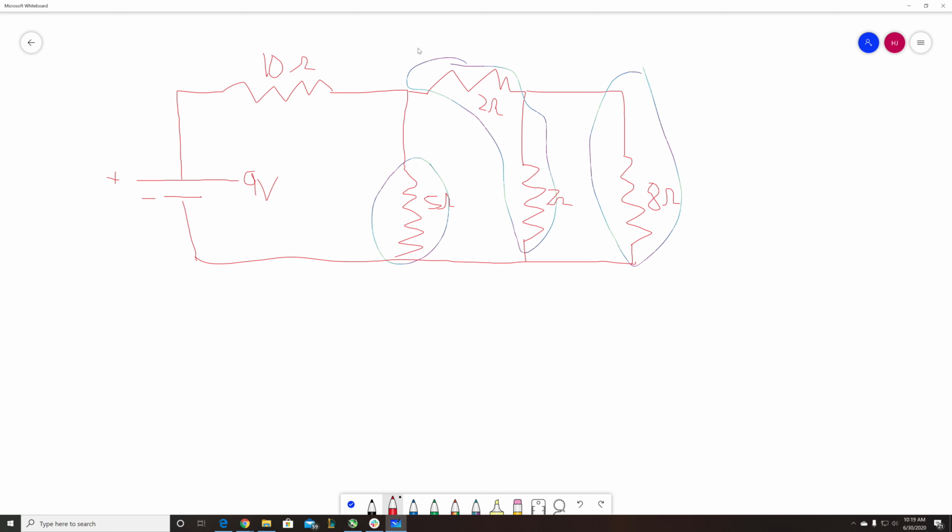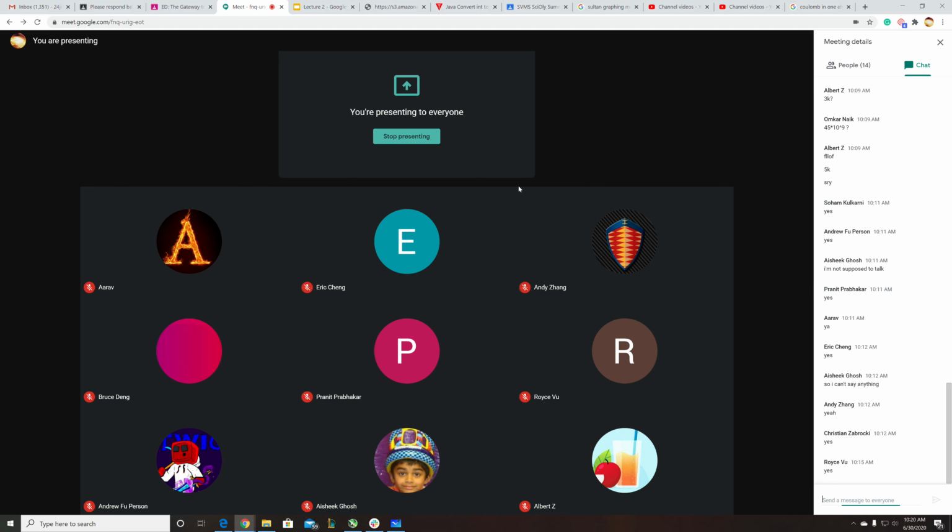It's supposed to be not each resistor, but each of these chunks. And you're supposed to treat them as if they're in series. When they're in these parallel parts, you treat them like series inside these chunks. So can you guys tell me the answer? Because I've given you all the information necessary. It will probably take a couple of minutes to solve this. If you have any questions, just ask.